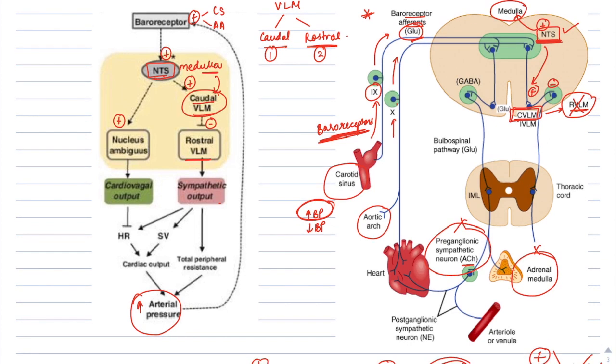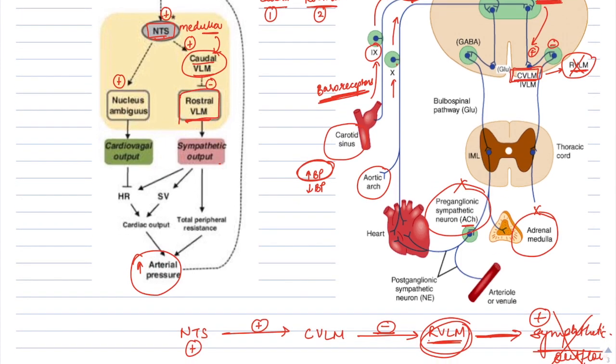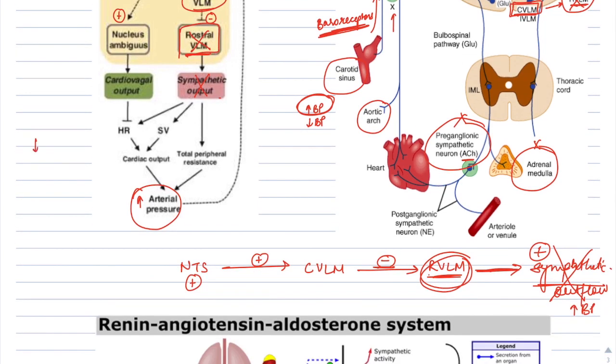Activation of the caudal ventrolateral medulla will inhibit the rostral ventrolateral medulla, and with inhibition of the rostroventrolateral medulla, the sympathetic output will decrease. Decrease in sympathetic outflow will decrease the heart rate, will decrease the stroke volume, will decrease the total peripheral resistance.